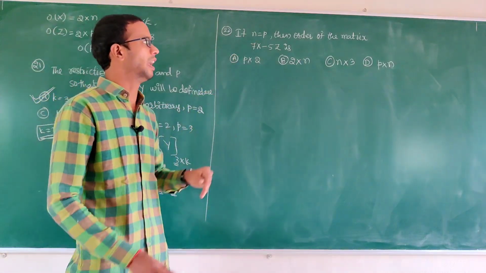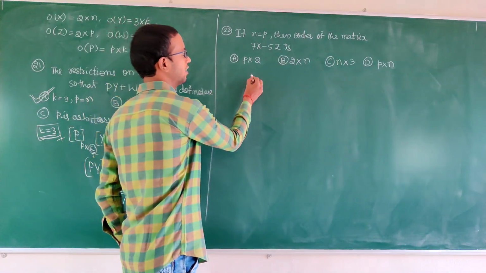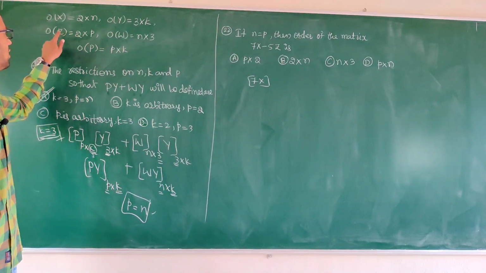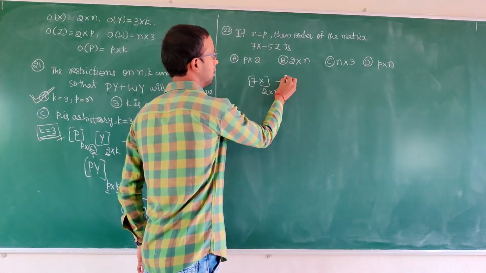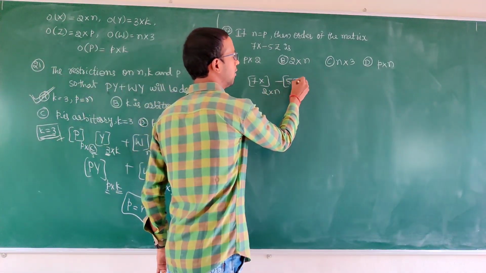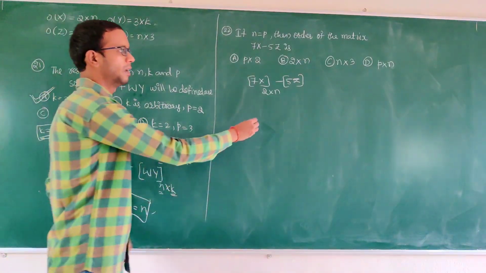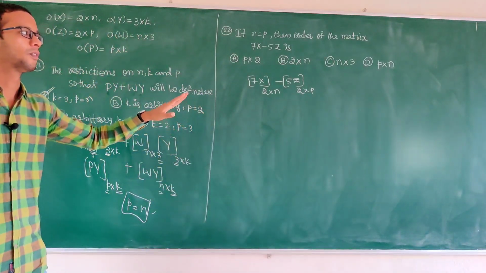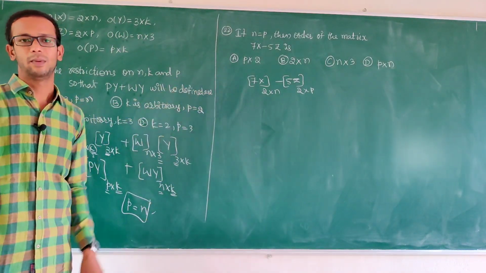Next here, n is equal to p, then the order of the matrix 7x, how much you will get? 7x order is 2 by n. Next minus 5z, 5z matrix order is 2 by p. Next subtraction, if you make the subtraction, what will be the answer?